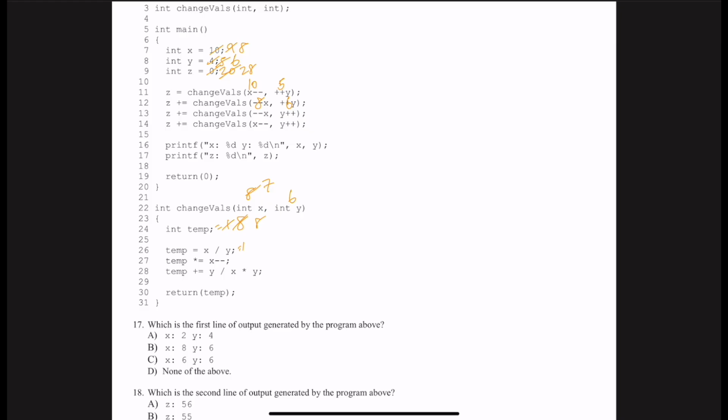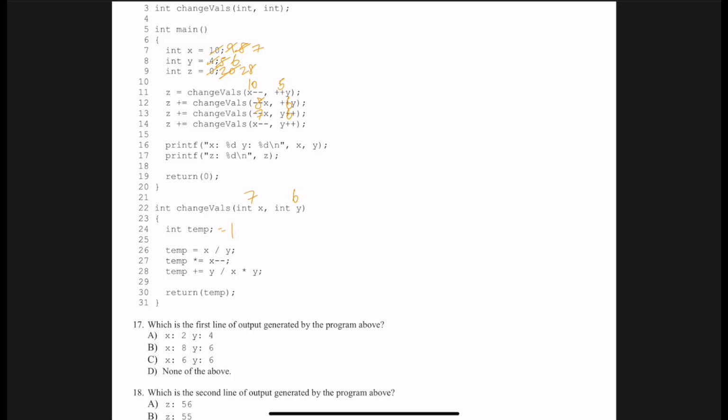So line 13, minus minus x, so change it first. Y plus plus, it's postfix, so what is y now? Well, it's 6. Going down to our change values function, we have 7 and 6. Temp equals 7 divided by 6 equals 1.